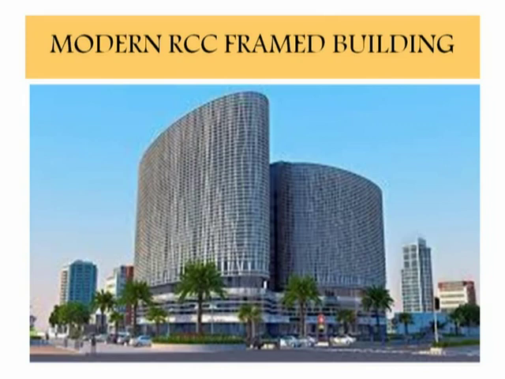This is a picture of a modern RCC framed building. Nowadays, most of the construction is carried out with the material known as reinforced cement concrete. The common method of construction is to first construct a reinforced cement concrete framework in which the different parts are the slabs, beams, columns.